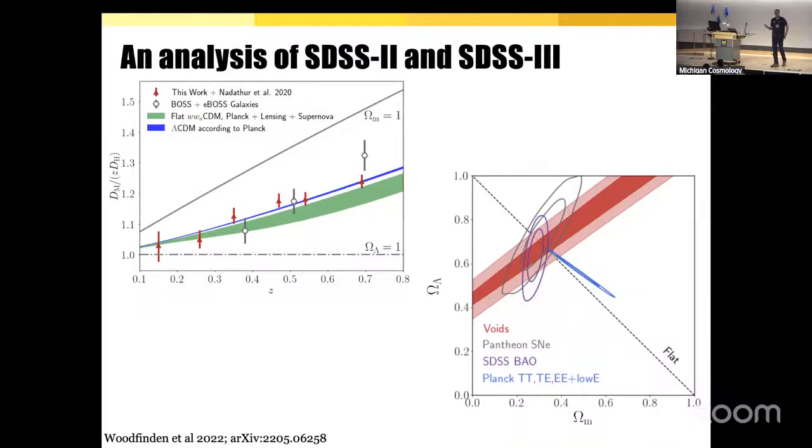And if you can think of some other way of finding some other object in the universe that would have this property of being a standard shape, then I think there is even more information to be gained from this kind of technique.